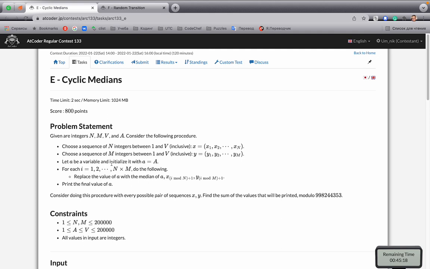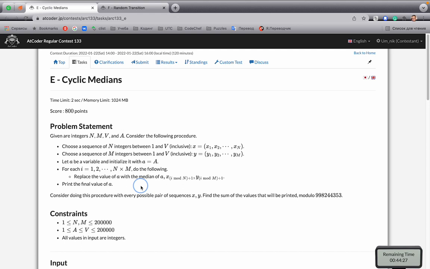Then we do n times m operations: we write them down as infinite repetitions, and then n times m times we run through this infinite string and replace our current value with the median of our current value and two numbers, one number from the first sequence and one number from the second sequence.